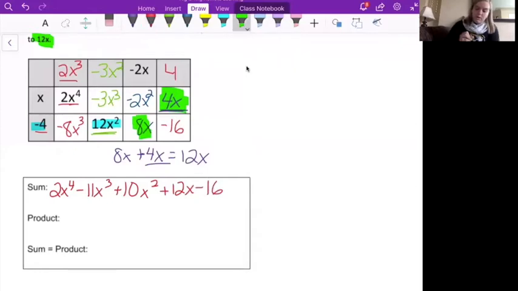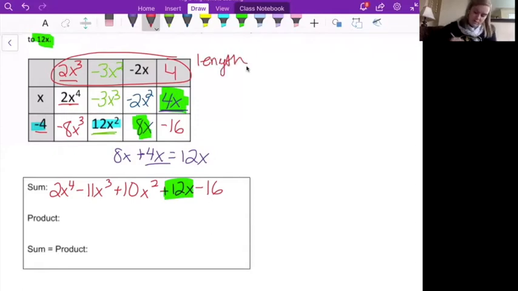And again, this 12x comes from here. Then our product is going to be our length factor, and this is our height factor.